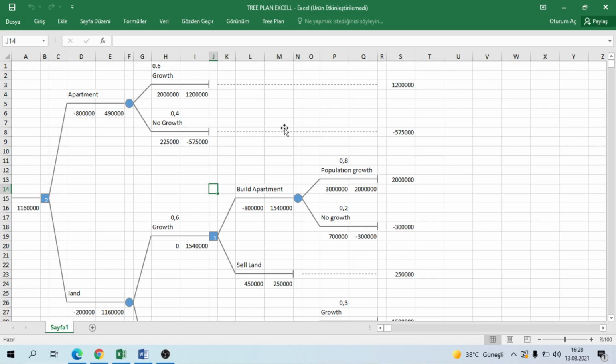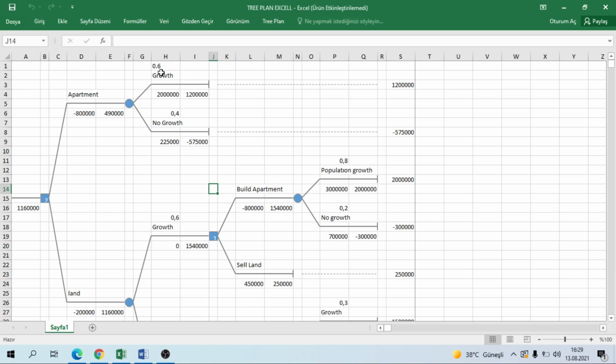The minimum value, as you see on the table, is here, 0.4, and the maximum value is here, 0.6. The Hurwicz criterion is a compromise between the maximax and minimax criteria. The coefficient of optimism is a measure of the decision maker's optimism.